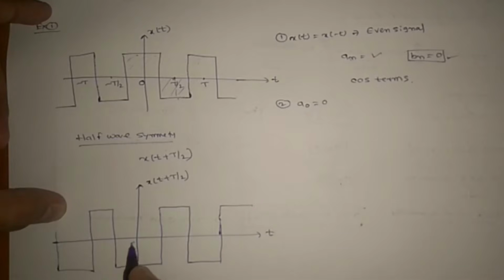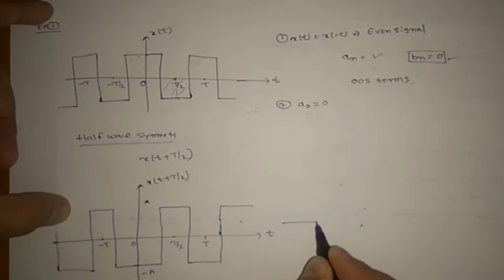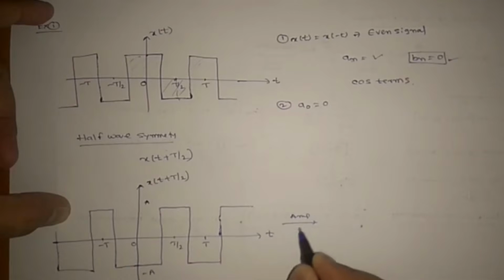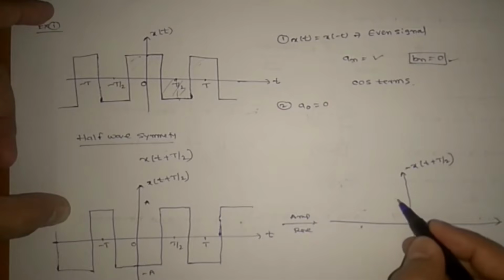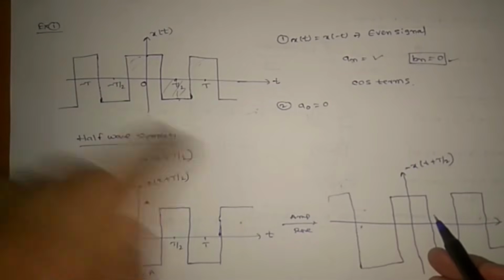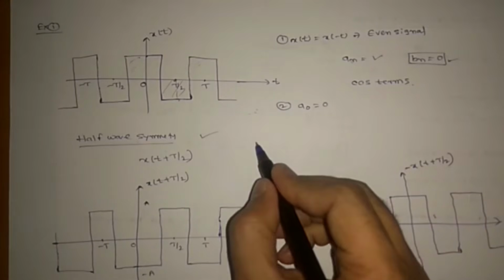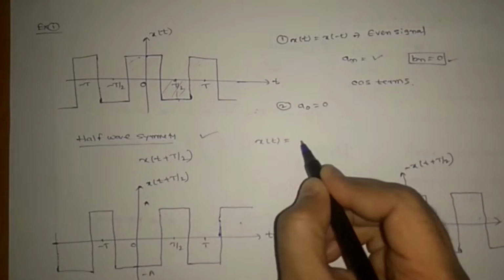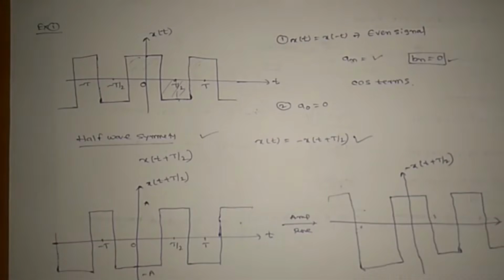So this is 0, this is t by 2, t minus t. This much part is shifted left. So next, if you perform amplitude reversal, then what will you get? Minus x of t plus t by 2. So you are getting the same signal, right? So it is half wave symmetry. So x of t equal to minus x of t plus t by 2. So it is satisfying half wave symmetry.